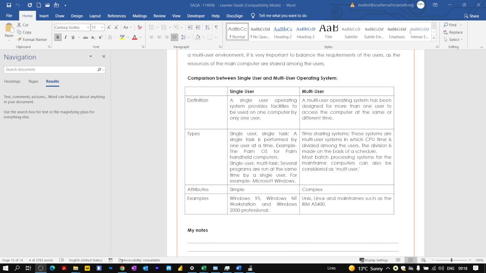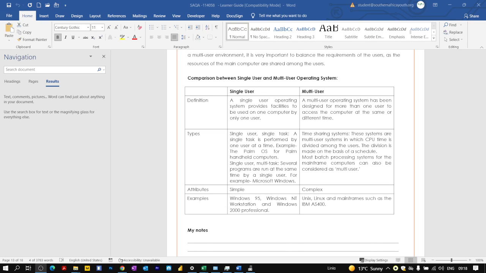Then attributes. A single user operating system is simple. A multi-user operating system is very complex and also very expensive, by the way. Examples: for single-user operating systems, we've got Windows 95, Windows 2000 Professional, Windows 8, Windows 10, Windows 11. All those are single-user multitask operating systems.